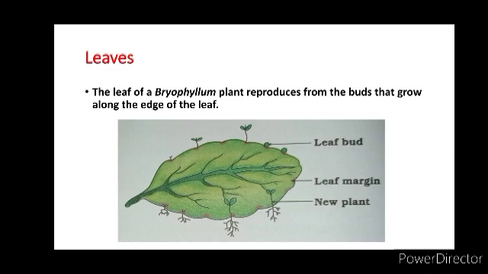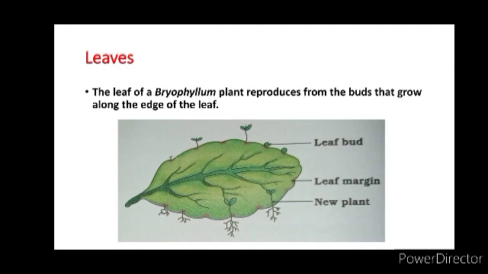This plant produces new plants from the edges or margins of its leaves. The tiny plantlets fall on the ground and grow into new, independent plants.